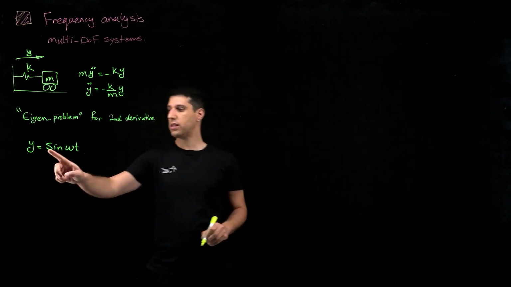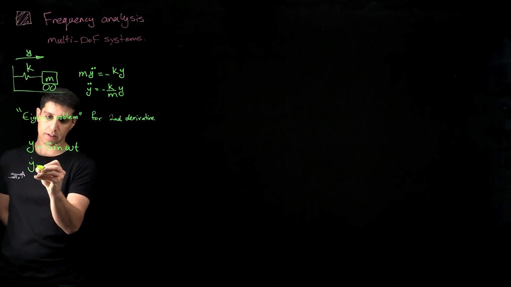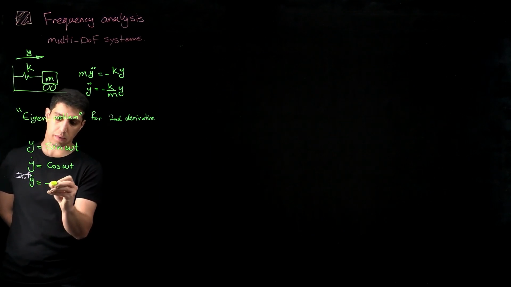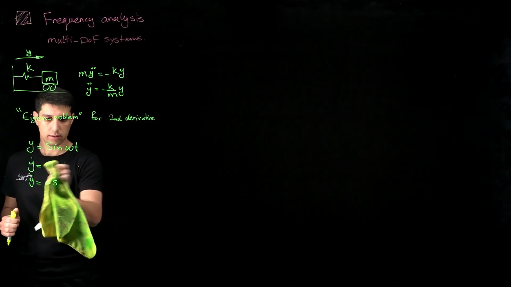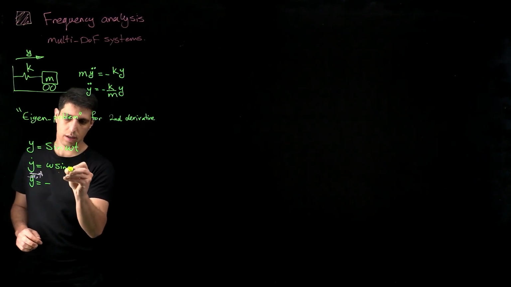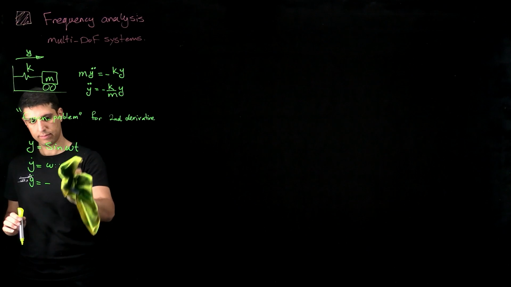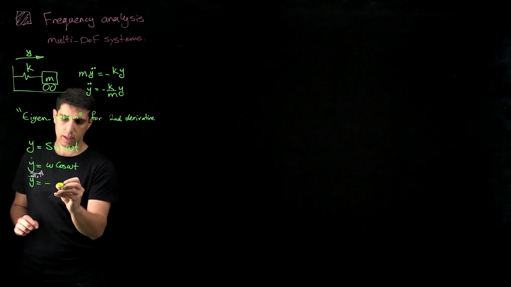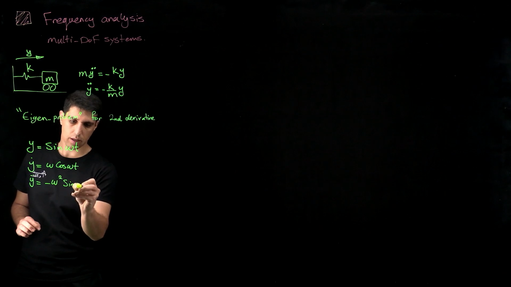If you take the derivative of this, the first derivative y dot will be omega cosine of omega t, and the derivative of this will be minus omega squared sine of omega t.